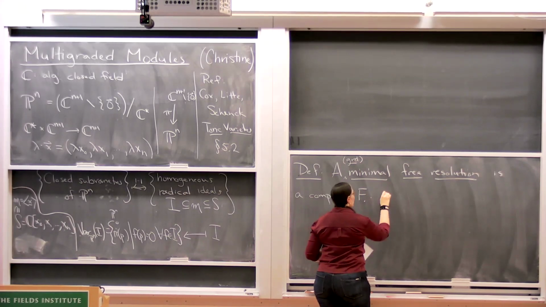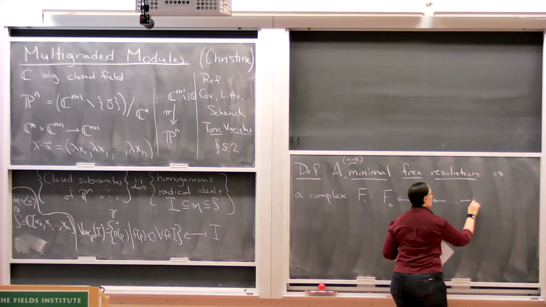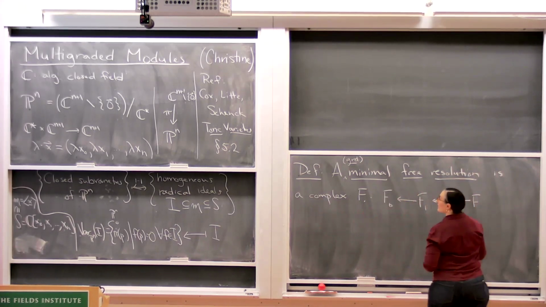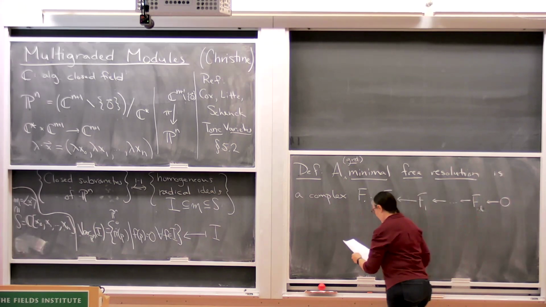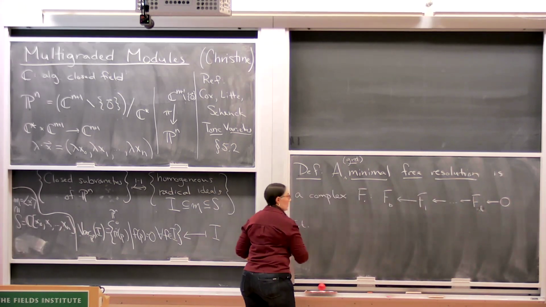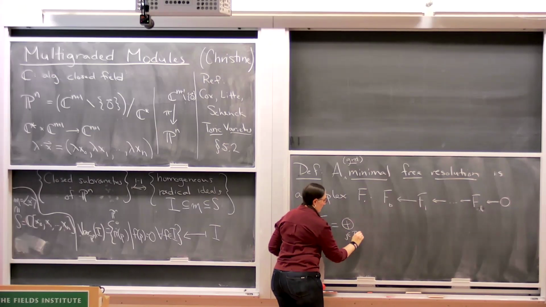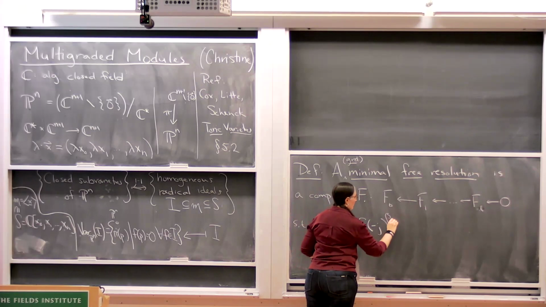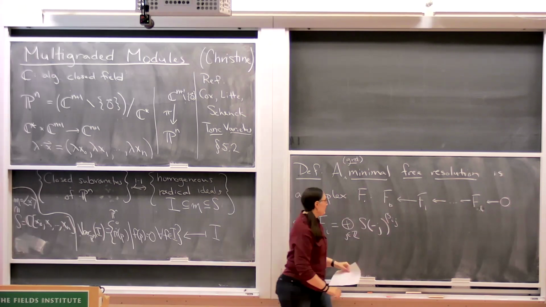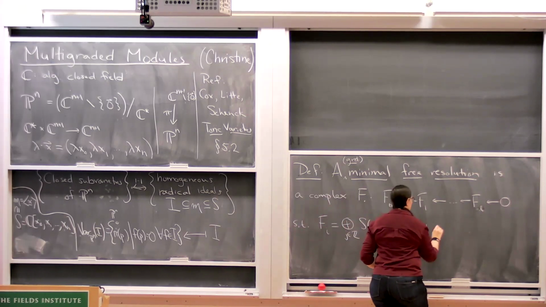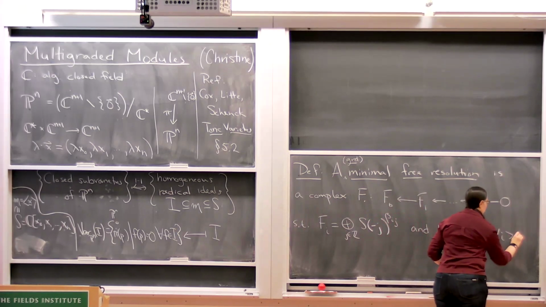Is a complex F such that each Fi is free. Remember, we call these ranks Betti numbers. And my homology is 0 for all i greater than 0.